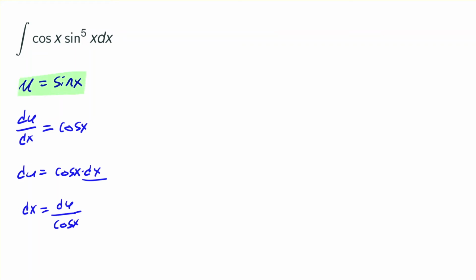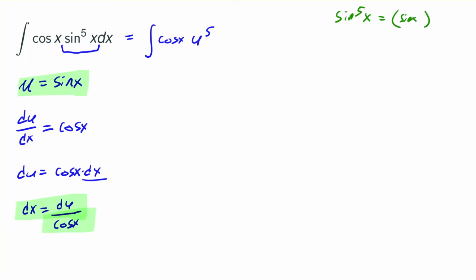So using these two, we're going to substitute so we can have the integration in terms of u. Cosine x stays as it is. We have sine x to the fifth power, so we have u to the fifth power now. Let me remind you that sine fifth x is the same as sine x, the entire thing, to the fifth power.